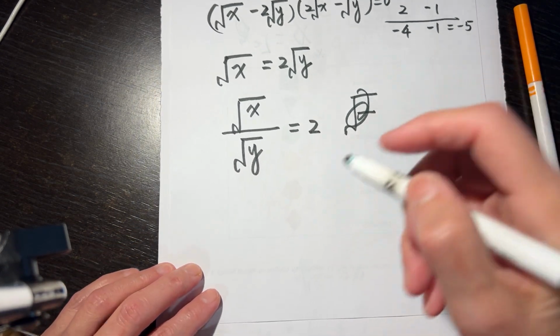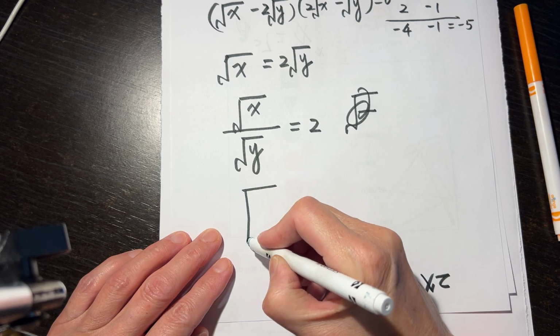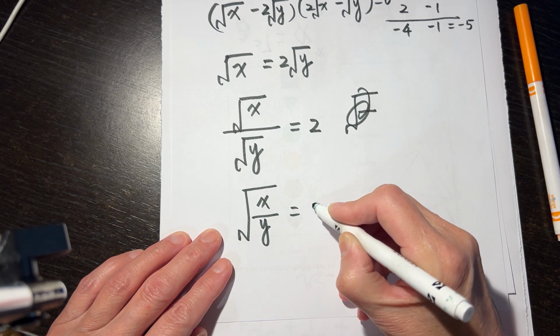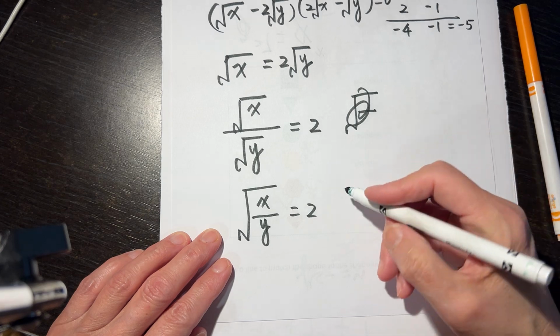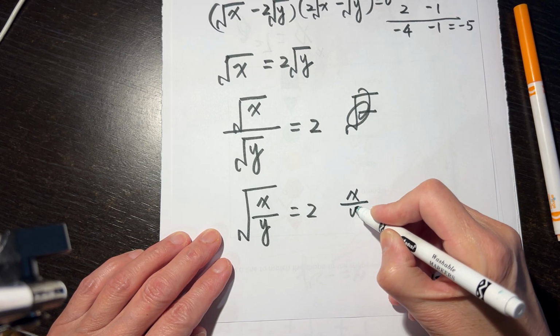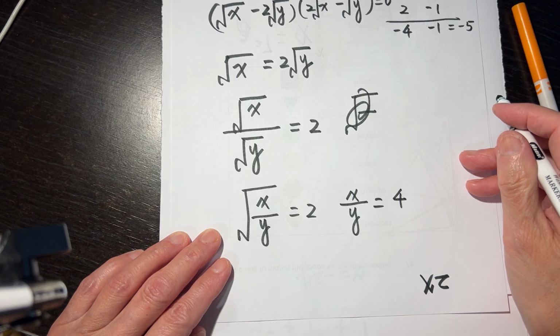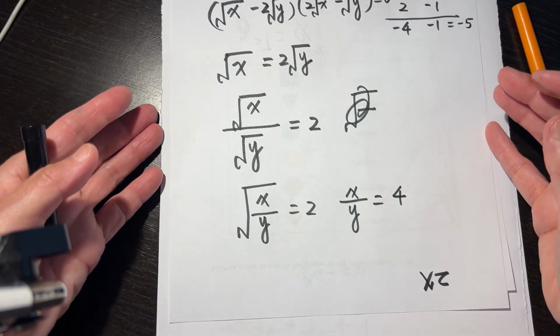Okay, I will write this way. So root x over y equals 2. x over y equals 4. So this is the first one.